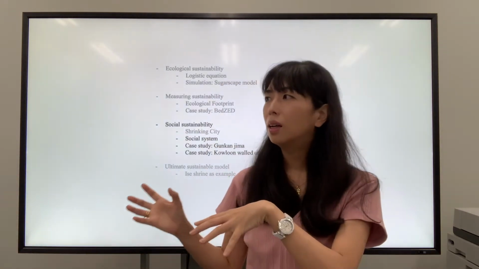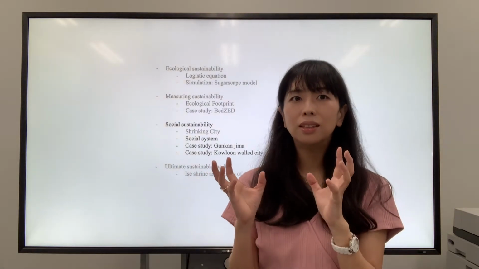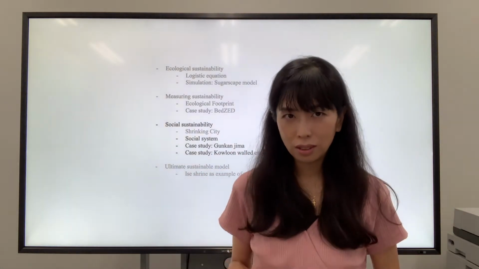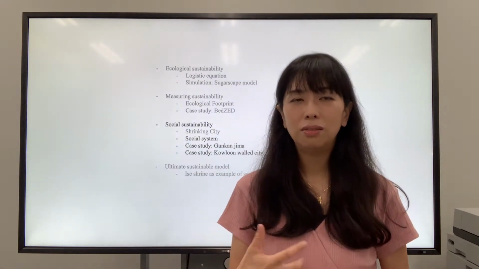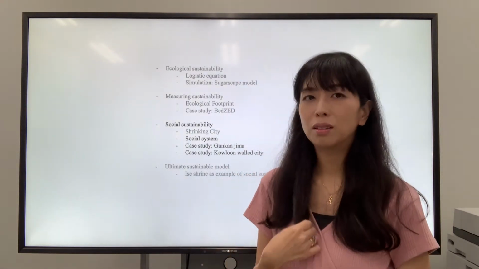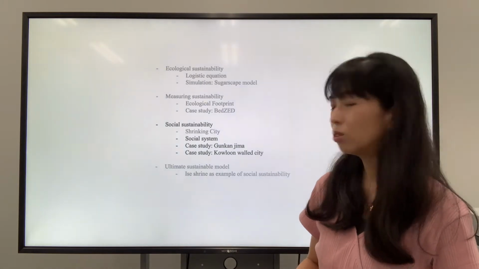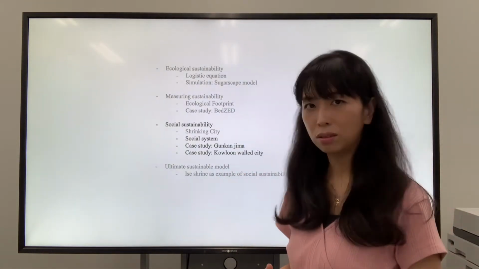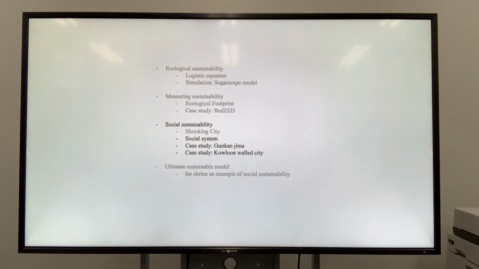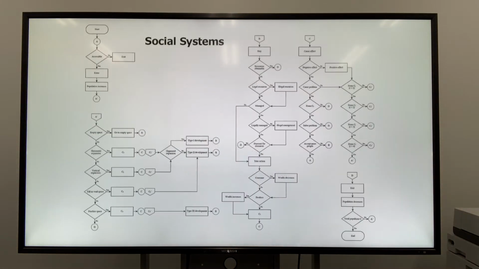However, this utility idea is slightly difficult to understand, and it's not really relatable for architects and urban designers. So I would like to introduce a new concept, a new way of thinking about the social system, which is represented through this diagram.